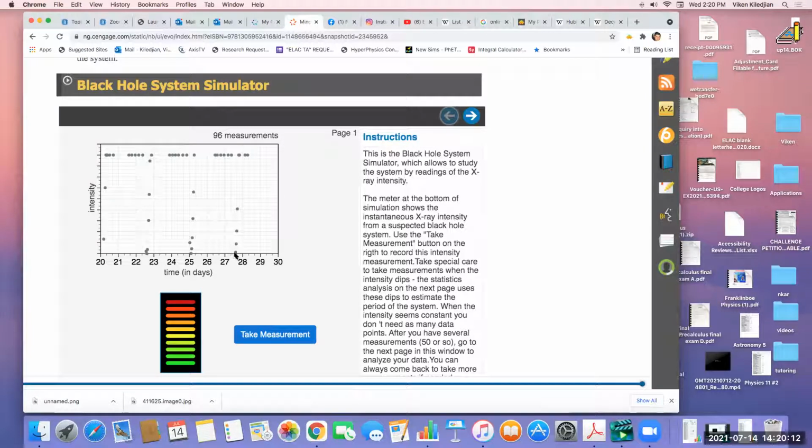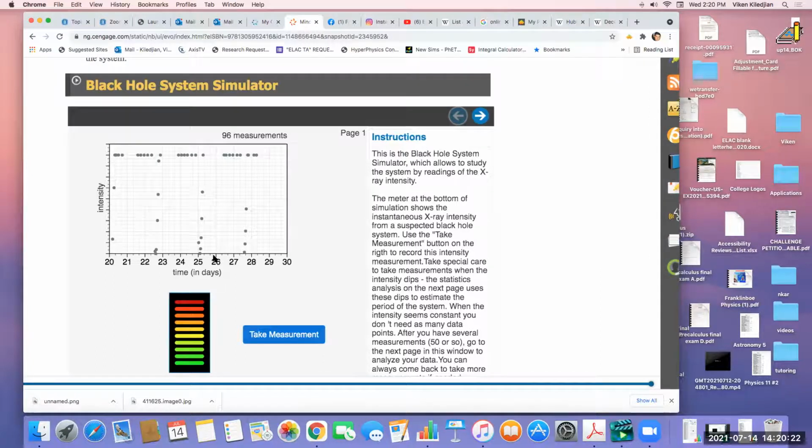So that would be 27.6 minus 25.1, maybe 25. So 27.6 minus 25.1, what would that be? 2.5. And then that should be the same as the dip from here to here, about 2.5.